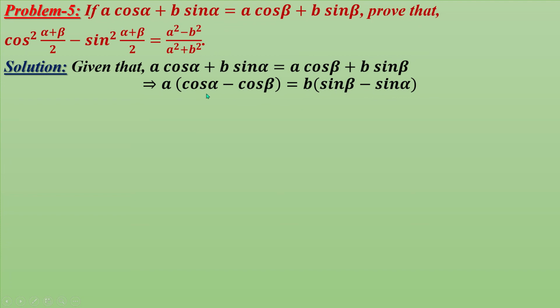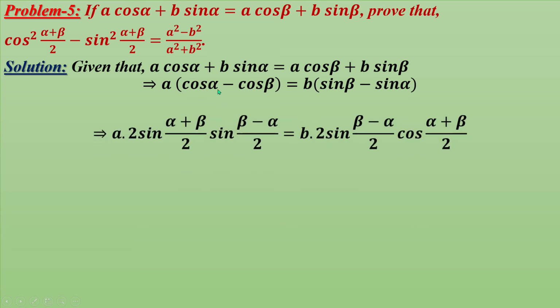So this makes a formula, cos c minus cos d, and here sin c minus sin d, and we know this formula. That means we can write a into 2 sin (alpha plus beta) by 2 into sin (beta minus alpha) by 2, as here is minus, so for cos it will be plus and for sin it will be minus, equal to b into 2 cos (alpha plus beta) by 2 into sin (beta minus alpha) by 2.